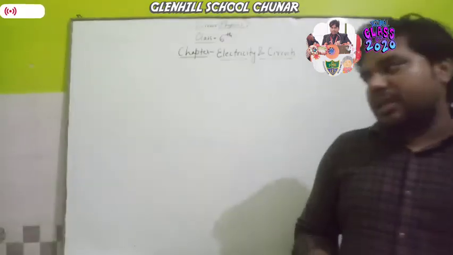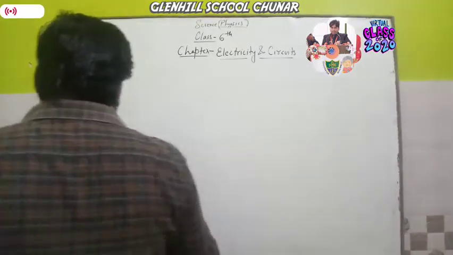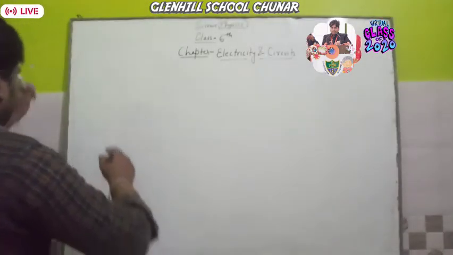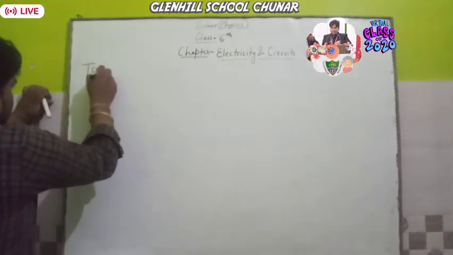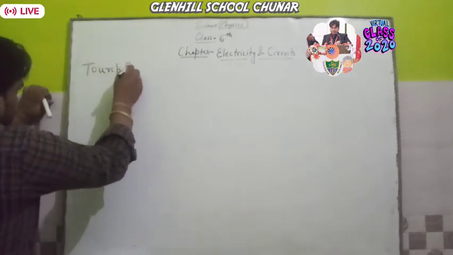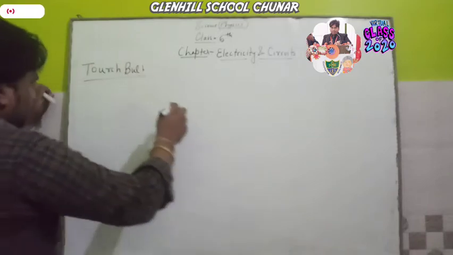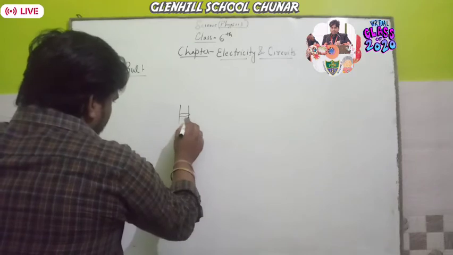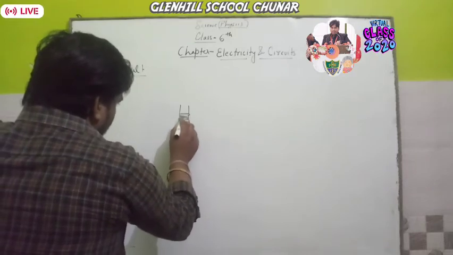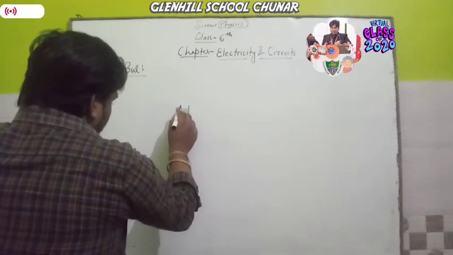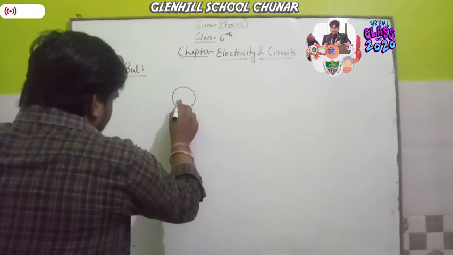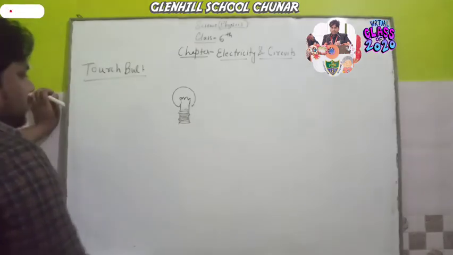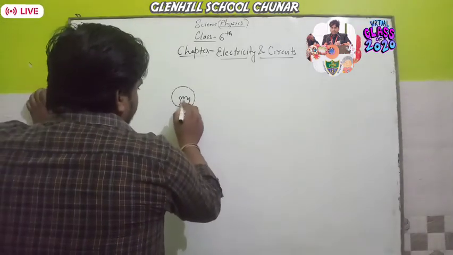Now let's see here. Suppose this is the torch bulb, and this is the filament.